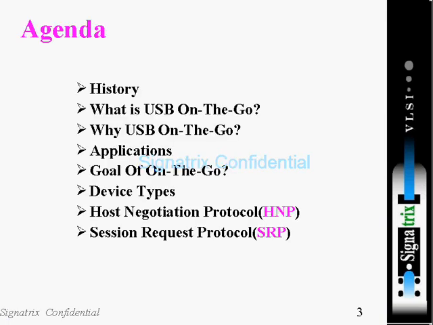The agenda of this discussion is: first, the history of USB OTG; then what is USB OTG; then why USB OTG; then applications and the goal of OTG; what are all the device types in USB OTG; and at last, two important protocols, the HNP protocol and the session request protocol.